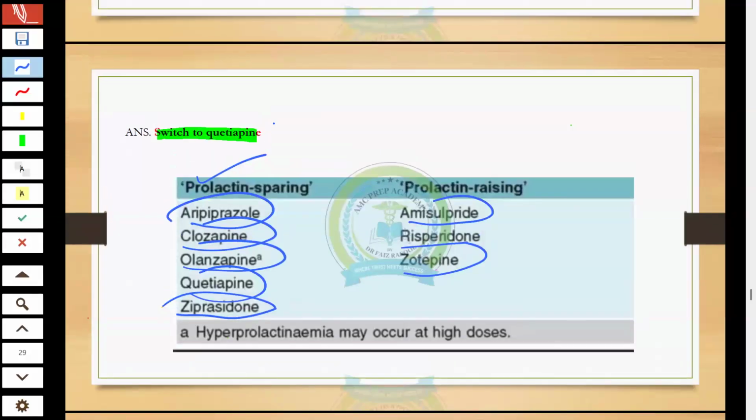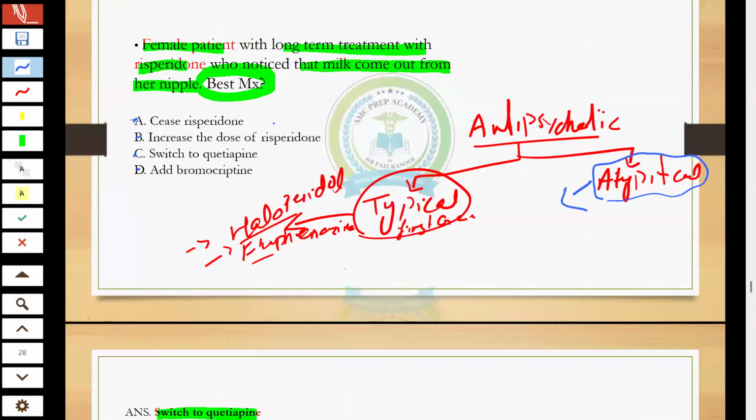Atypical antipsychotics have fewer adverse effects, and typical ones have very harmful adverse effects. The side effects are extremely important. Doctors, these drugs are extremely important, so that's why I am explaining that.